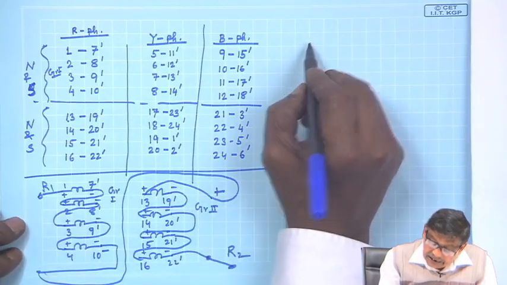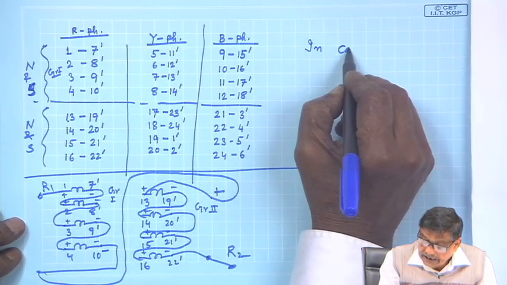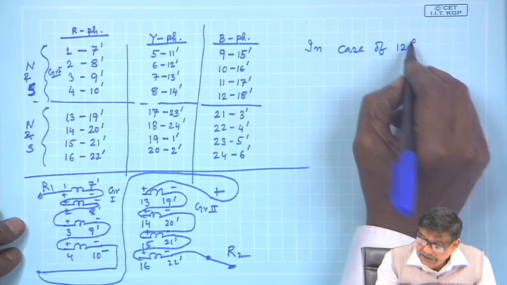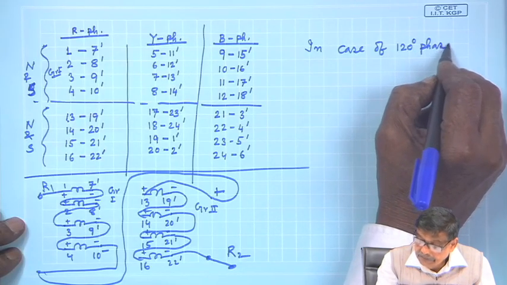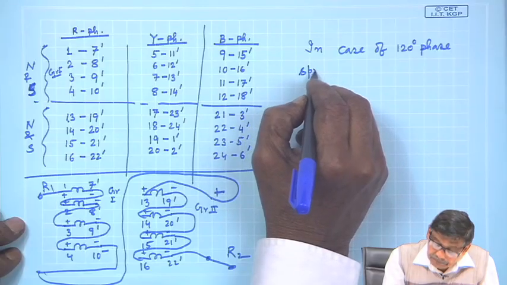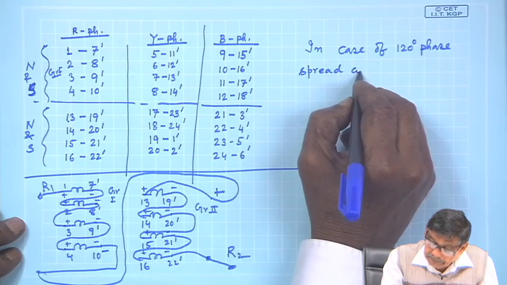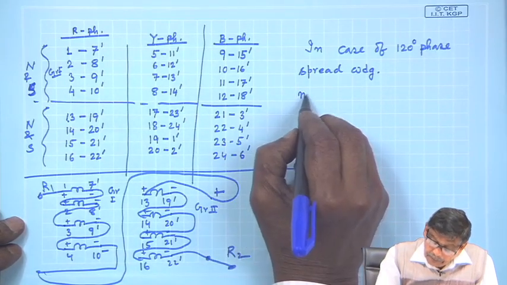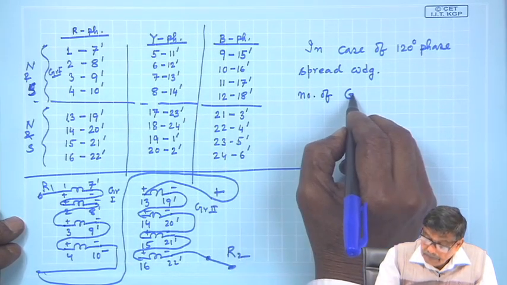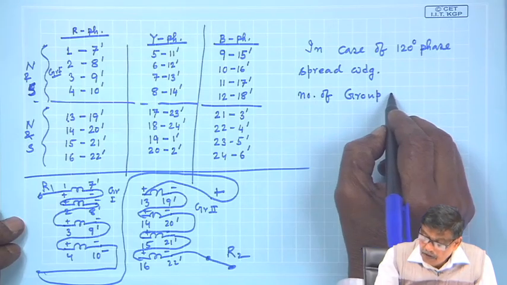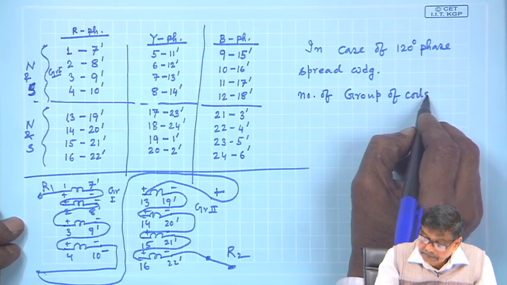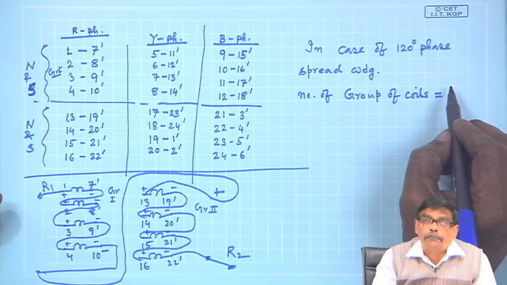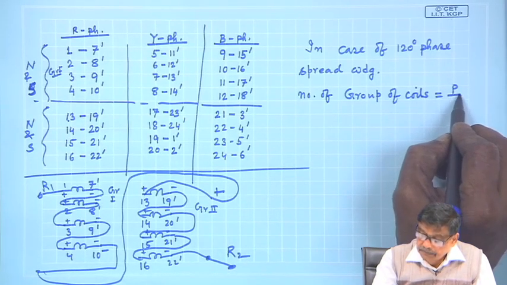Therefore, the conclusion is, in case of 120-degree phase spread winding, number of group of coils will be equal to number of pair of poles, p by 2.